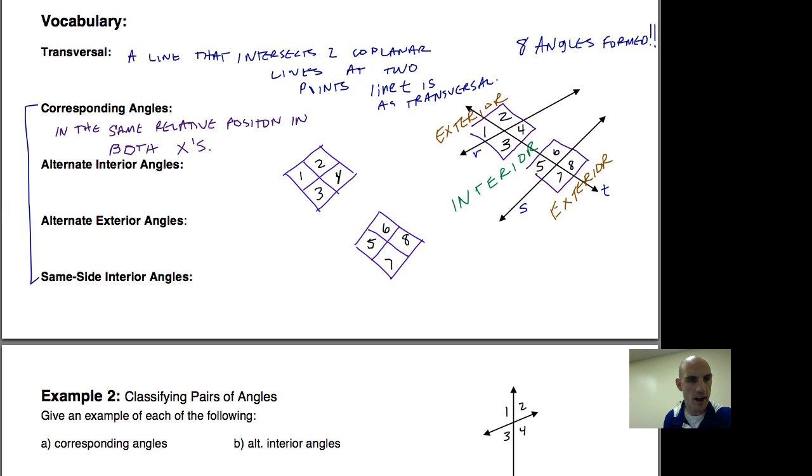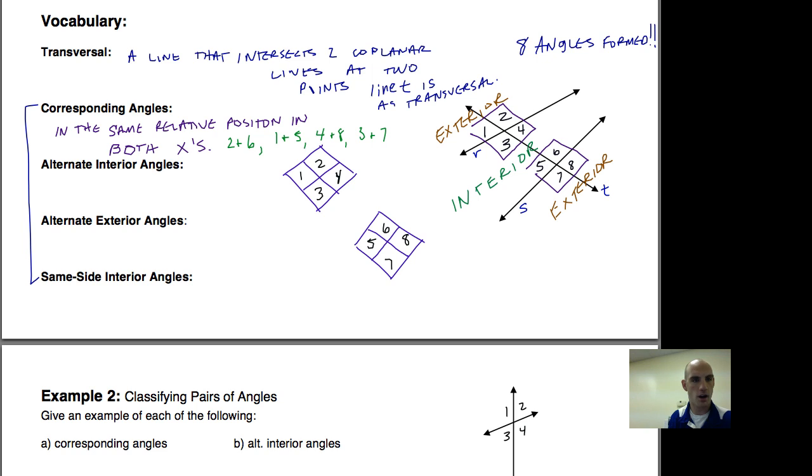And so when I'm talking about corresponding angles, I'm talking about ones that are in the same relative position. For example, 2 and 6 are both in the upper part. And so then 1 and 5 would be in that left-hand part. And so 4 and 8 would be in the right-hand part. And 3 and 7 would be in that bottom part. Okay, so that's the same relative position.